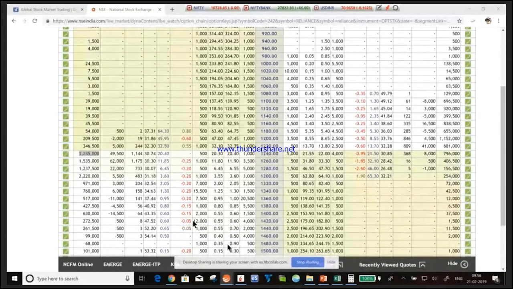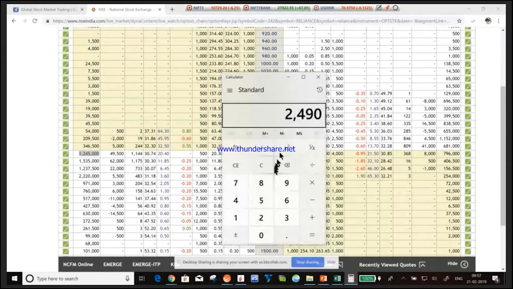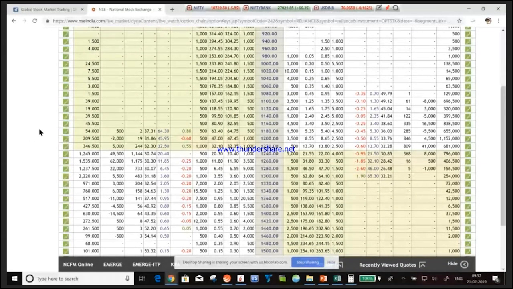Now, if you see 49,500 is how much? You can see it yourself if you have liquidity. We do not in far month. So this divided by 500. Which means by now 99 contracts have been already traded in Reliance today.